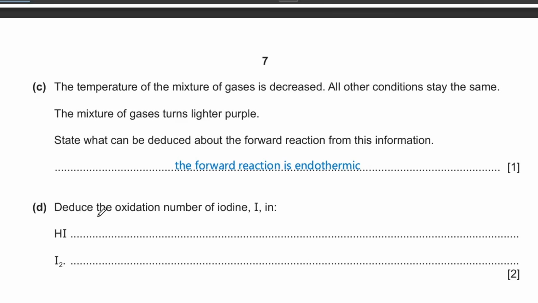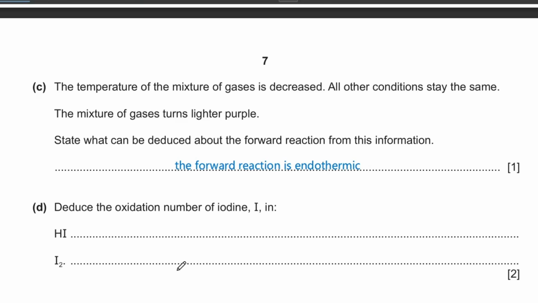Next question: deduce the oxidation number of iodine in hydrogen iodide and then in iodide. So for this, we go to the rules for oxidation number, so that the sum of the oxidation numbers in a compound is equal to 0. So that means the sum of the oxidation numbers of hydrogen and iodine is supposed to be equal to 0.